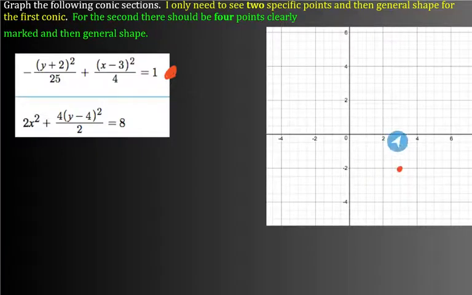So from 3, I go over to 1, so right about there, and then from 3, I'm going to go to 5, right? And so I know that these are going to be the turning points, the vertices for this hyperbola. But I do want you to use the B value for the next part.